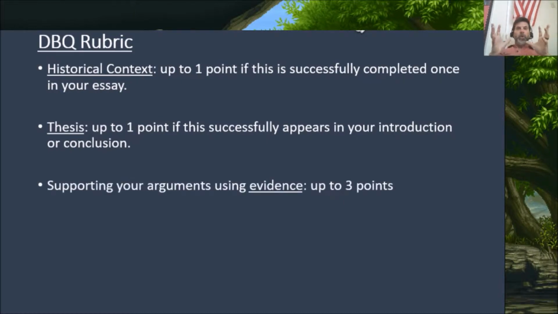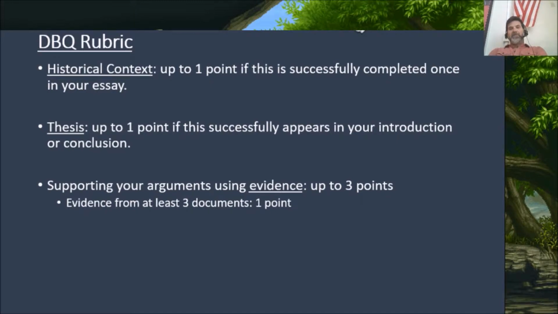Now, the core of a DBQ, though, is supporting your arguments using evidence. And there's up to 3 points available for doing this successfully. If you use evidence from at least 3 documents out of the 7 to support your arguments, you get 1 point in the rubric. So this is kind of like partial credit.